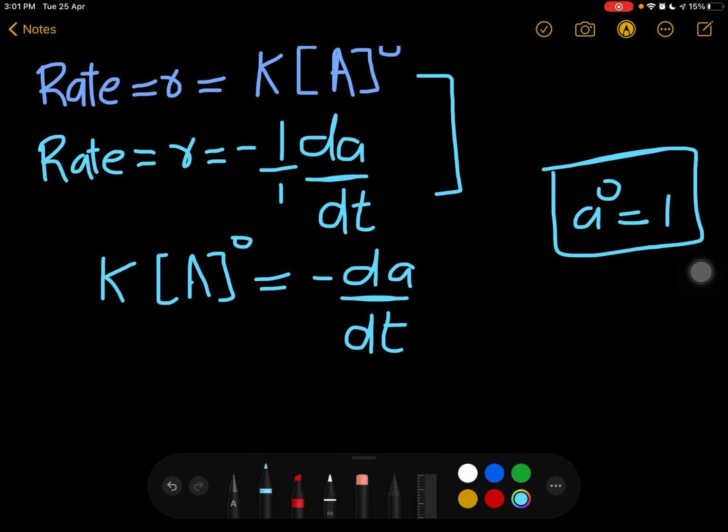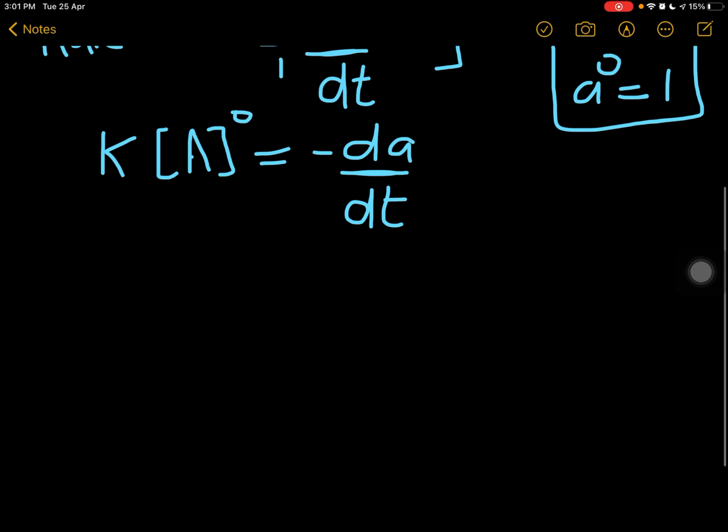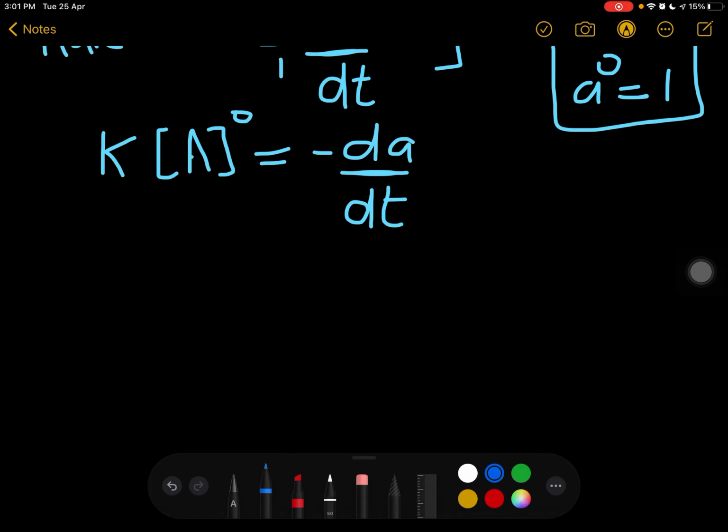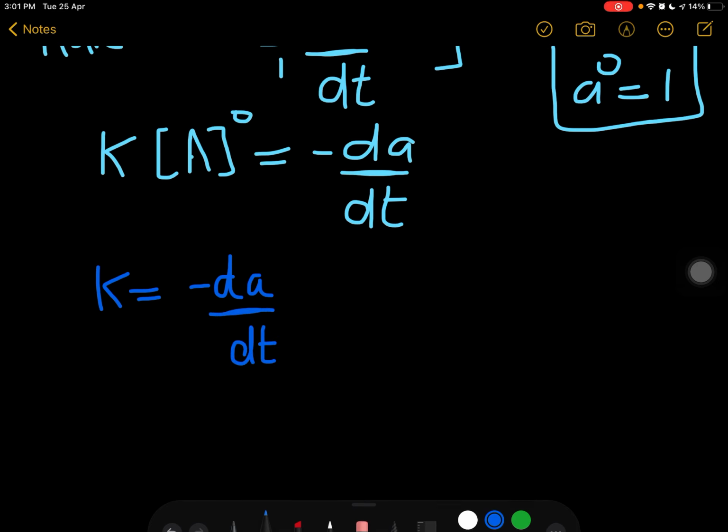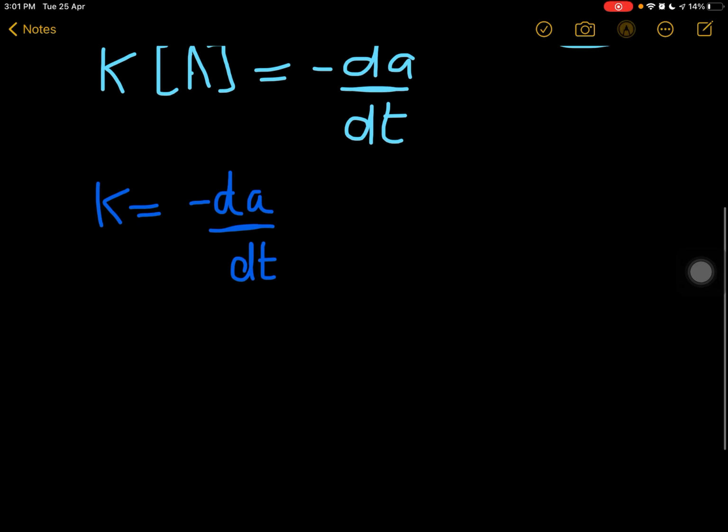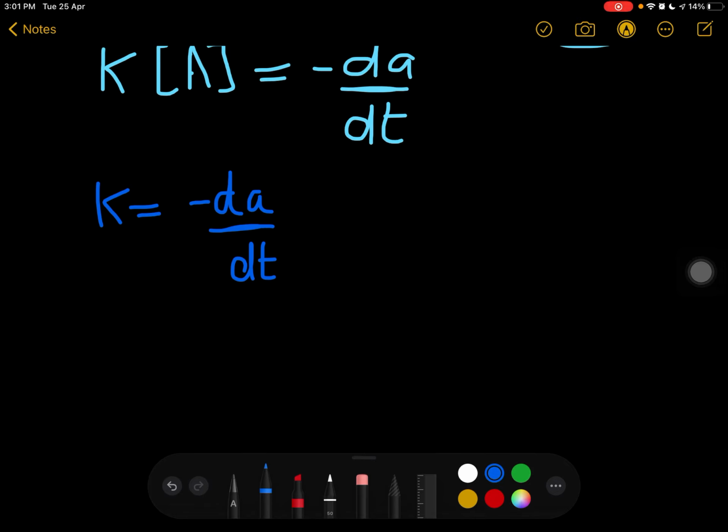This is the basic rule of mathematics. Now we can write this as K is equal to minus dA upon dt. Now this will be equal to minus K dt is equal to dA.